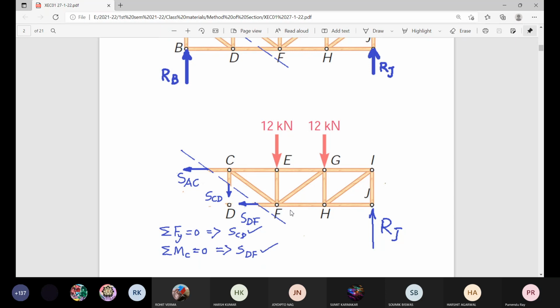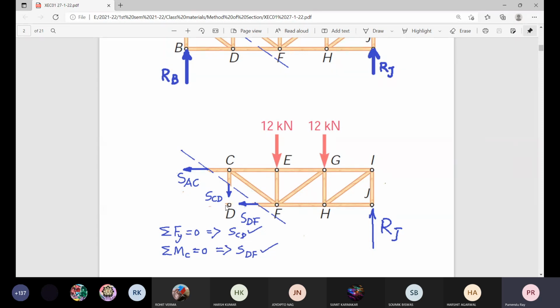Next thing, if we consider this, SAC and SDF, both of them are horizontal, and only one unknown force remaining there, SCD, which is vertical. So directly from sigma Fy equal to 0, you can find the value of CD. So RJ positive, minus 12, minus SCD.